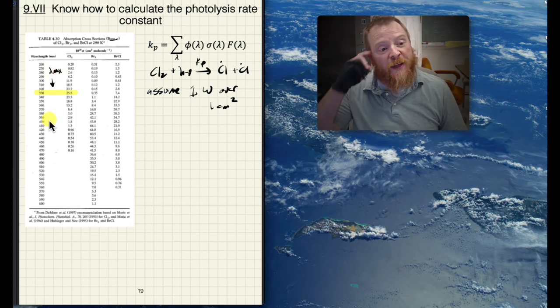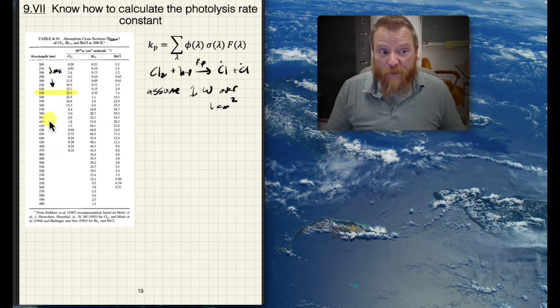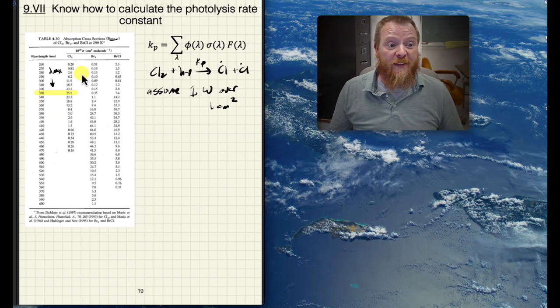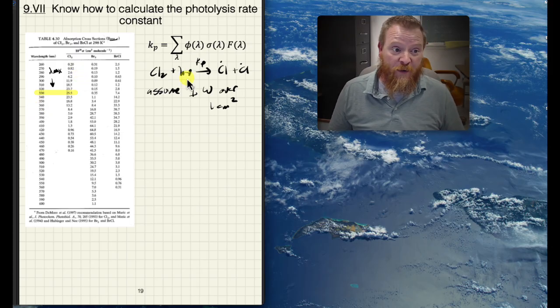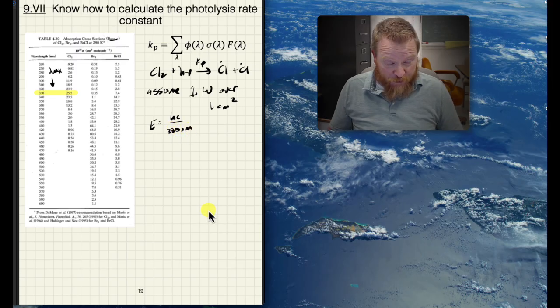So presumably, if we could pick that 330 wavelength, that would be ideal for carrying out this reaction. So then, of course, we would calculate how much energy we have using 330 nanometers.